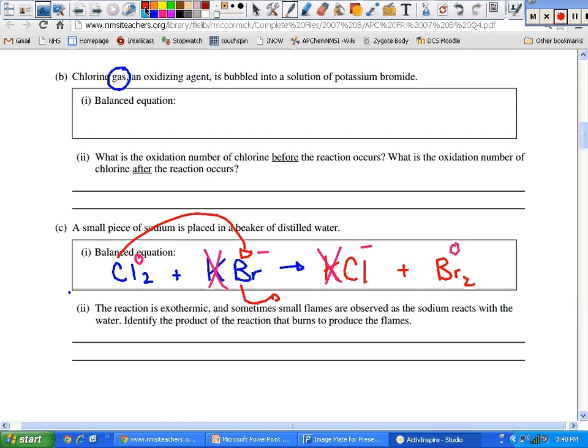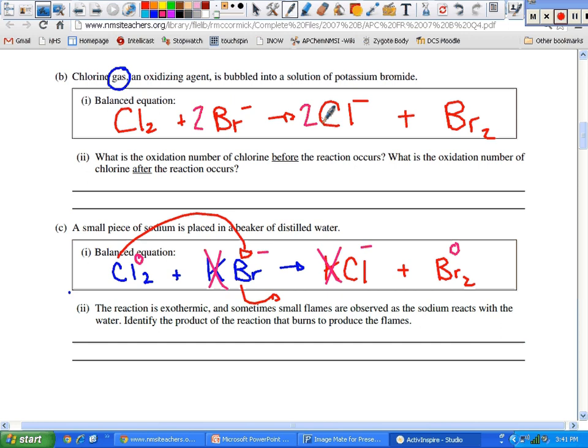All right. So let's write this how it should have been written. Cl2 plus Br minus goes to Cl minus plus Br2. Now, is it balanced? No. This is a simple one to balance. 2 here, 2 here. And you're done. This is really easy too. Oxidation numbers, you better get these.